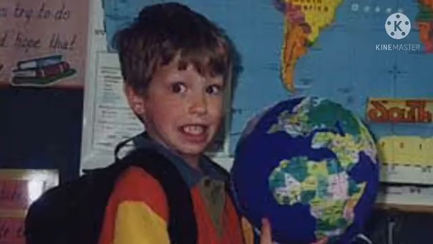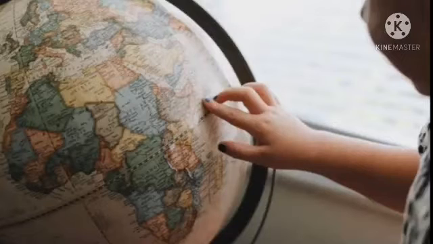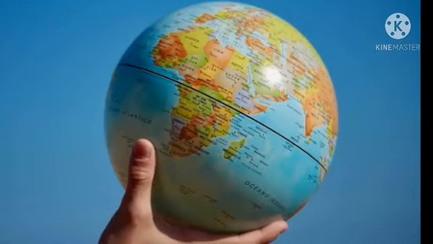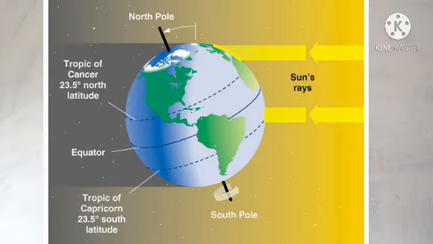When we look at a globe, we see only one side of it. It means we can see only one part of the globe at a time. But when we want to see the other side, we have to rotate it. And when we rotate a globe on a rod that passes through it, that rod is called the axis.